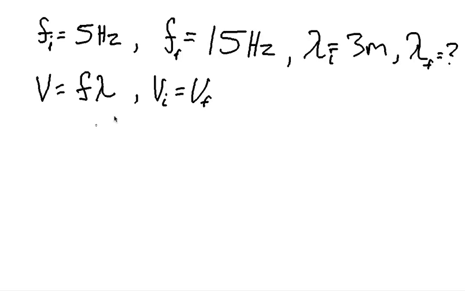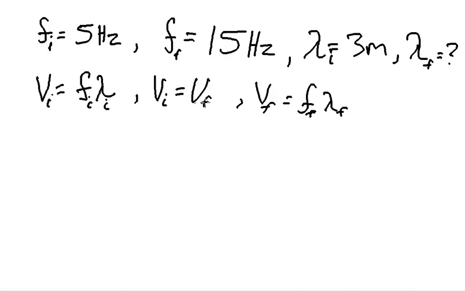So I'm going to write the initial frequency times the initial wavelength is equal to the initial speed, and the final speed equals the final frequency multiplied by the final wavelength.